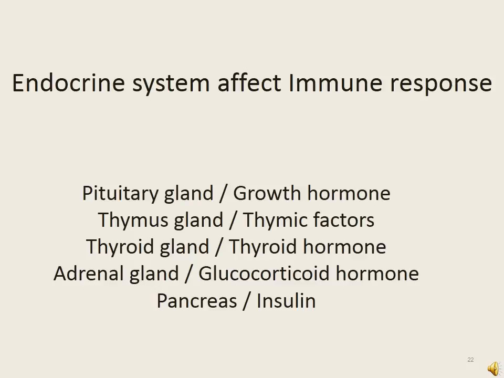Next is the thymus gland, that is the thymic factor. For the thyroid gland, it is the thyroid hormone. For the adrenal gland, only the glucocorticoid hormone, which we will learn in a later slide. The pancreas, that is the effect of insulin on the immune response.